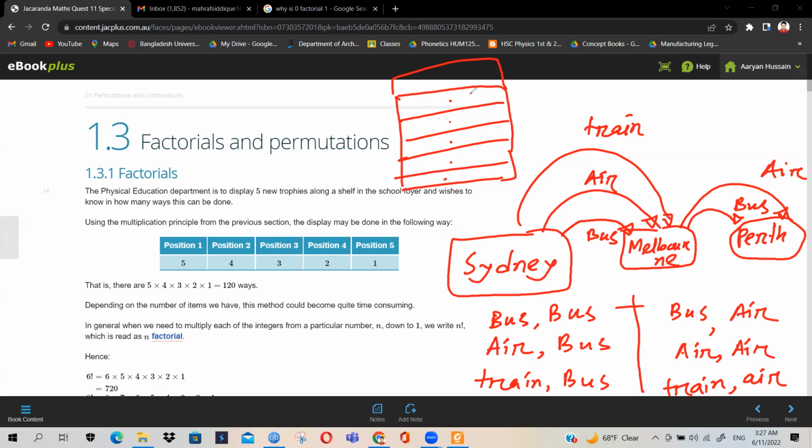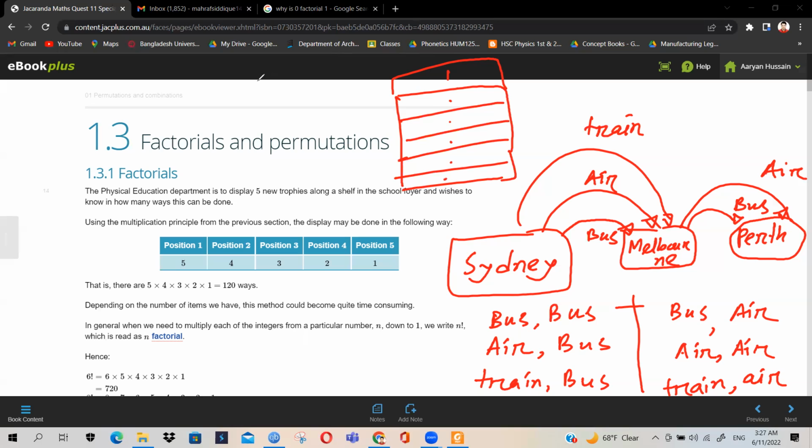Each of the teams will play how many matches? Not 6, 5 matches. They cannot play matches against themselves. Correct, sorry, 5 matches.